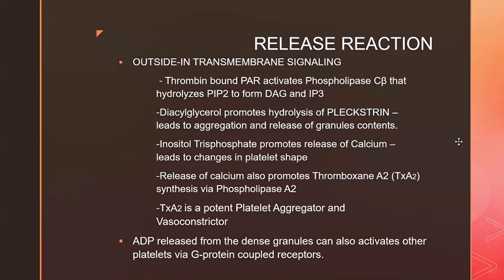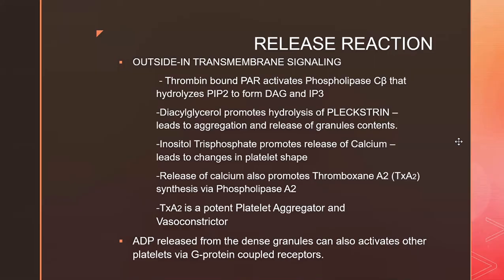Now, when there is increased intracellular calcium in the platelets, it would promote the change in the shape of your platelet. It would become discoid na. Once it becomes discoid, madali na lang silang mag-aggregate. Unlike sa kanilang original form na spherical, na bilog sila, mahihirapan silang mag-bind to each other.